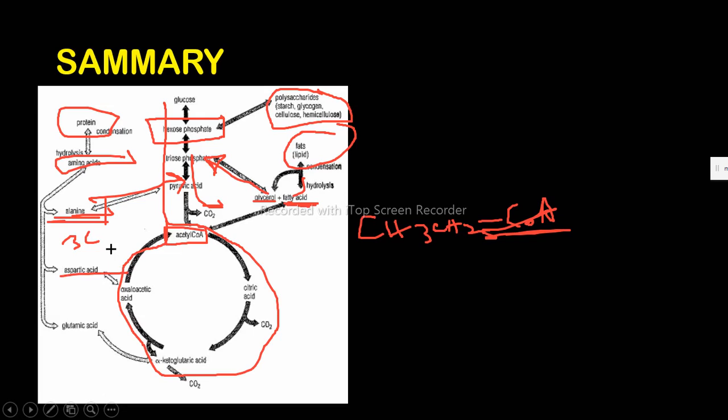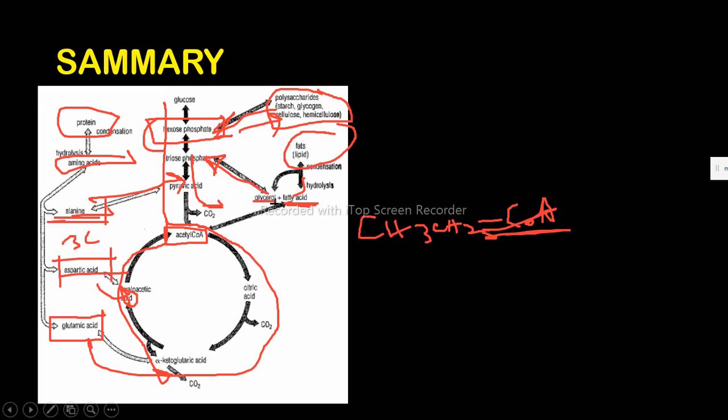If it is aspartic acid, which is a 4-carbon compound, then it will be converted to oxaloacetic acid. If it's glutamic acid, which is a 5-carbon compound, then it will be converted to alpha ketoglutarate. But at each stage, where you can convert this to this, you can also convert the same back. So these are reversible reactions, like I said.